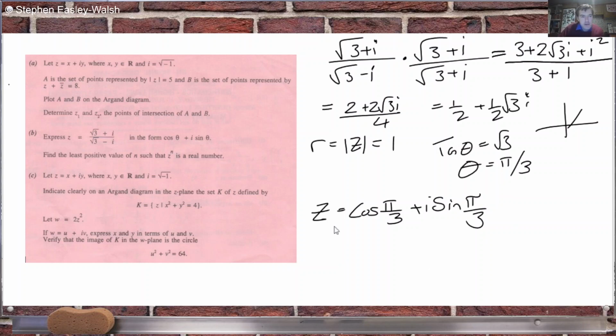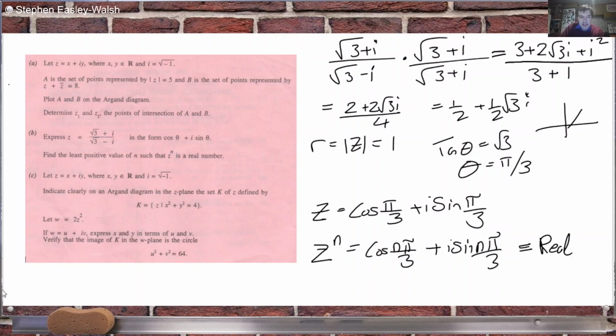Now, we want to find the least positive value of n such that Zn is a real number. So Zn would be cos n pi over 3, from De Moivre's theorem, plus i sine n pi over 3, equal to only a real part.